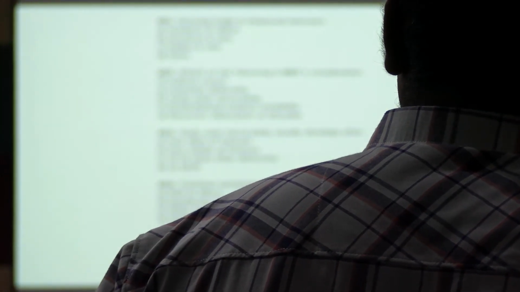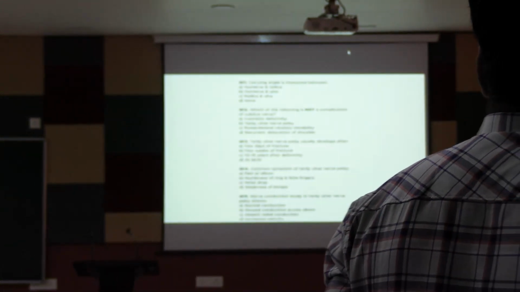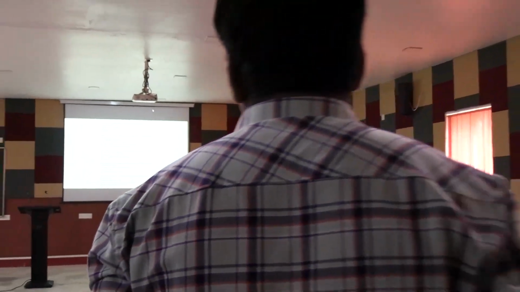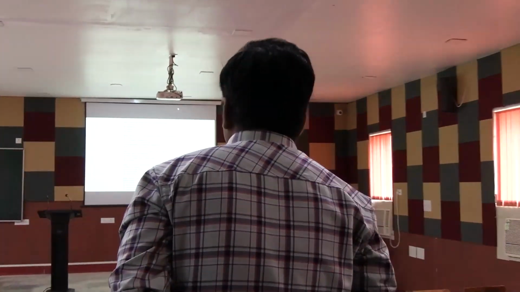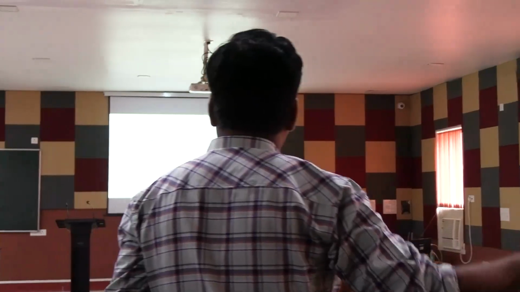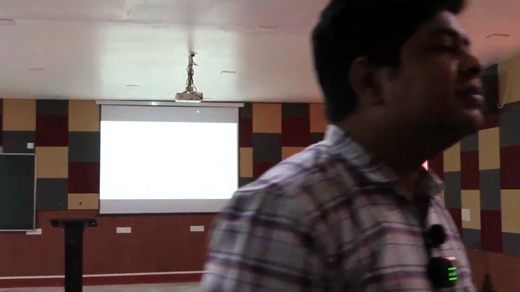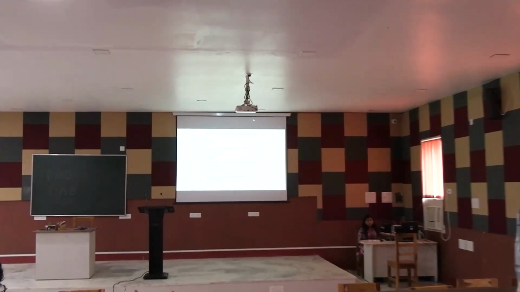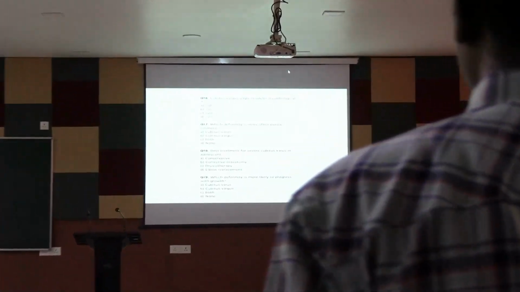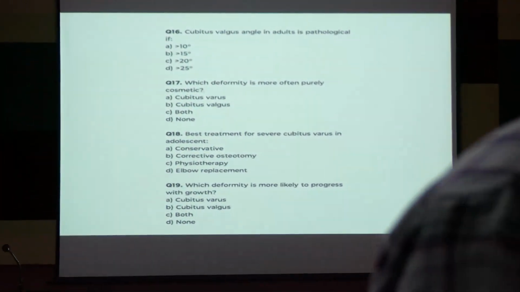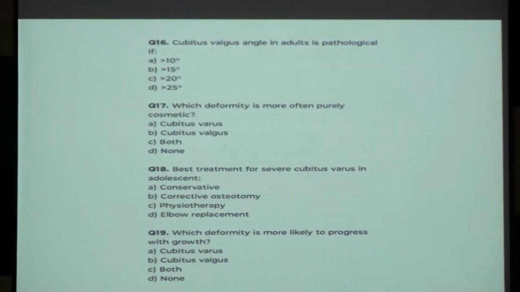Tell 14. B, right. 15. Tell, B, slow, right. B, no, this is more than 20. Normal 10 to 15, 5 degree variation, more than 20.